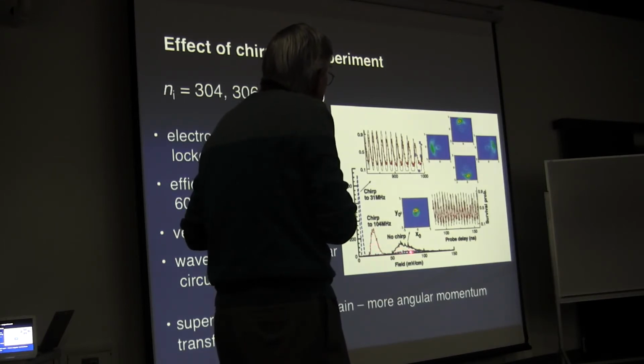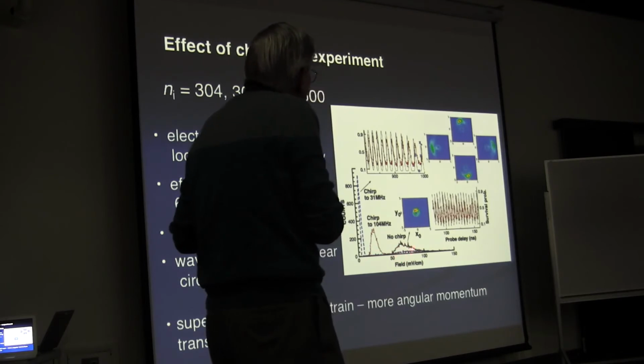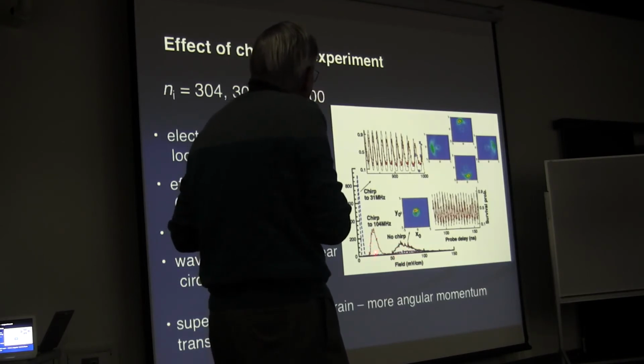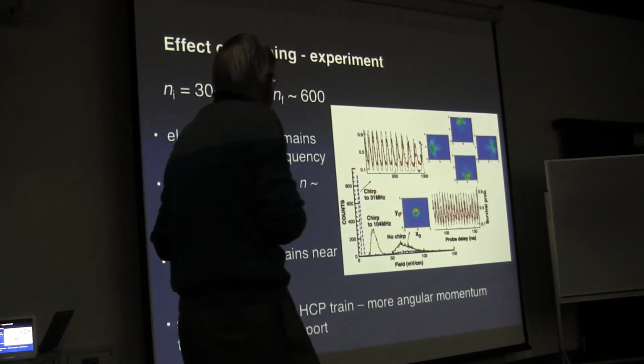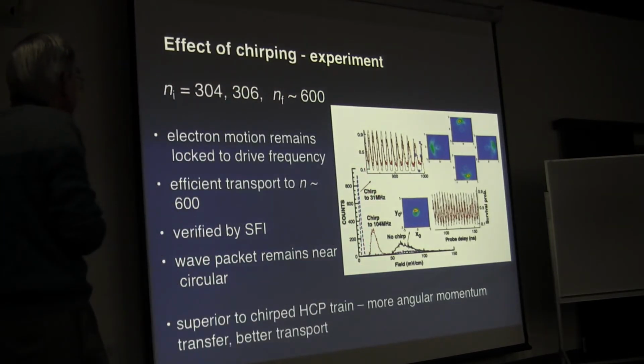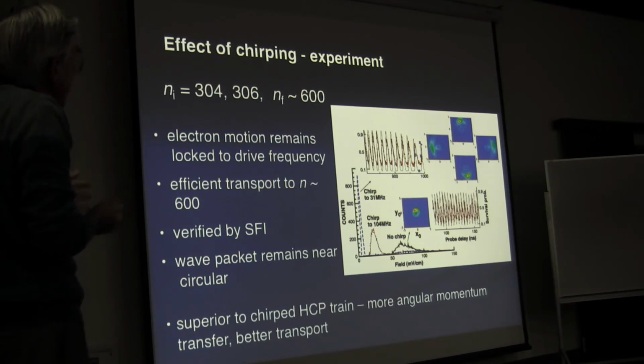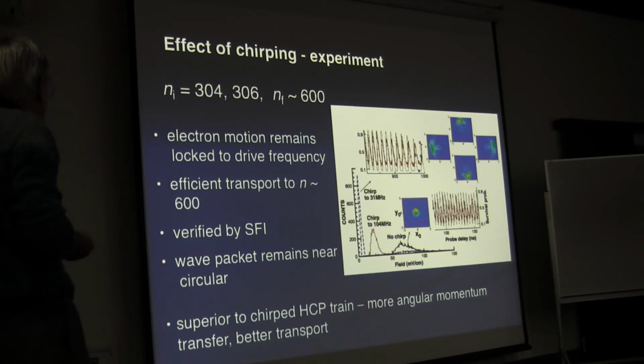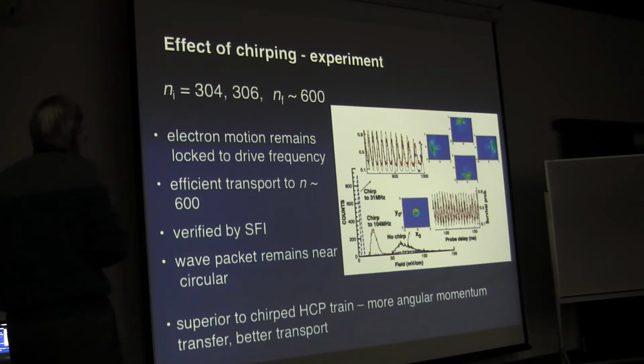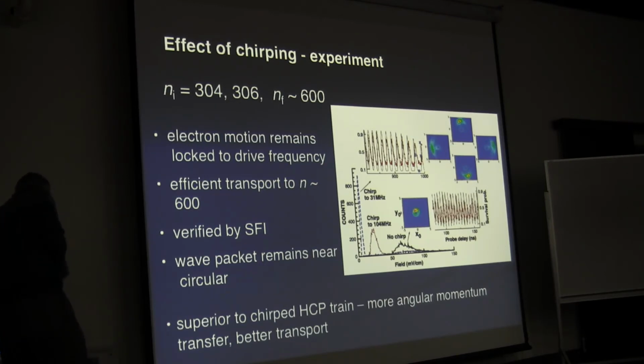Very few states remain. We really have grabbed essentially all our Rydberg atoms, marched them up to high n. And if you finally chirp to 31 megahertz, you've got a very narrow distribution of high states. So this way of going to high states and winding up the wave packet is superior to the chirped half-cycle pulse, because you can actually transfer angular momentum.